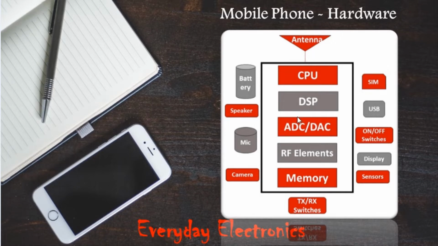Inside the mobile phone we have a central processing unit, a digital signal processor, then ADC and DAC, that is analog to digital converter and digital to analog converter, various RF elements, radio frequency elements, then the memory, the battery, speaker, microphone, a camera, a SIM card, various USBs, on-off switches, display, sensors, transmission and receiver switches and the antenna.